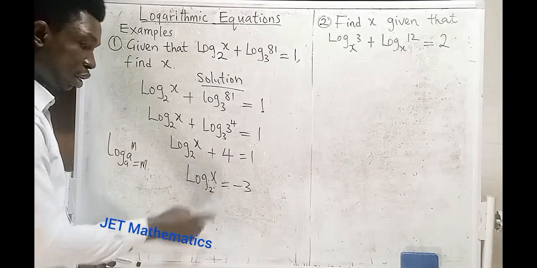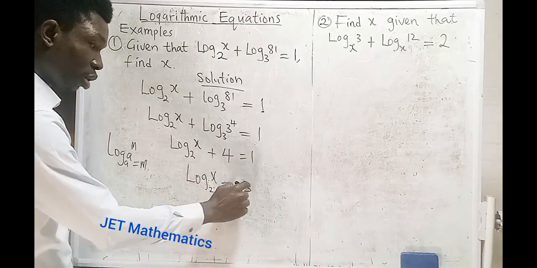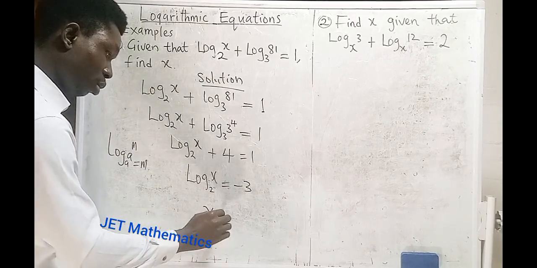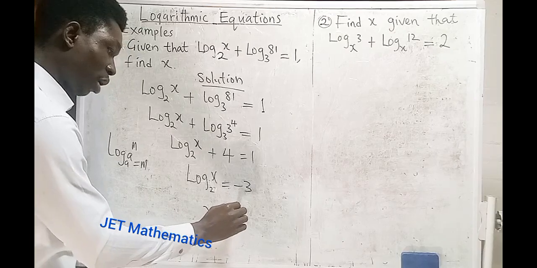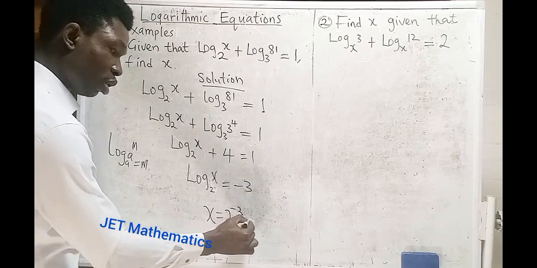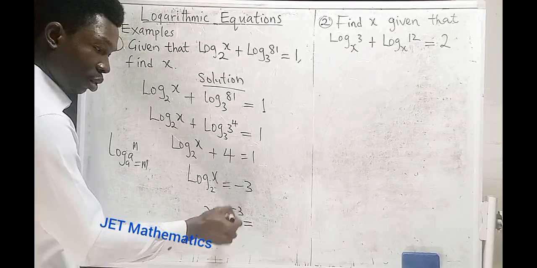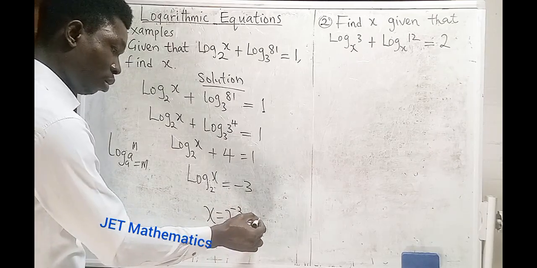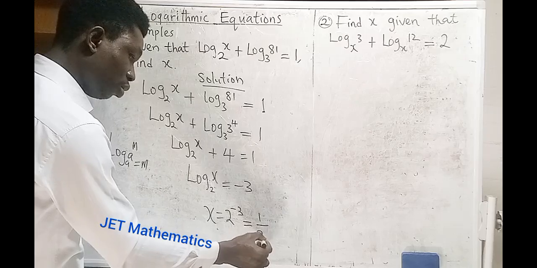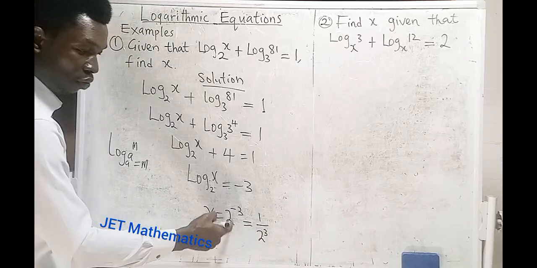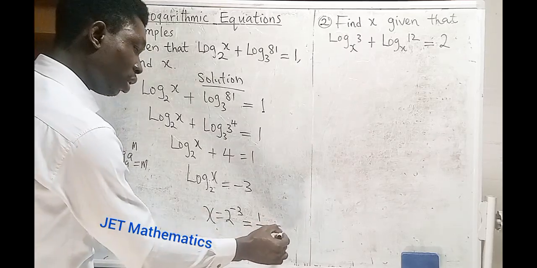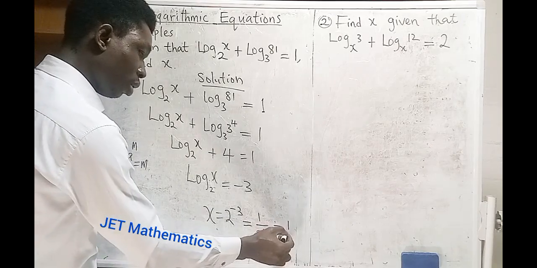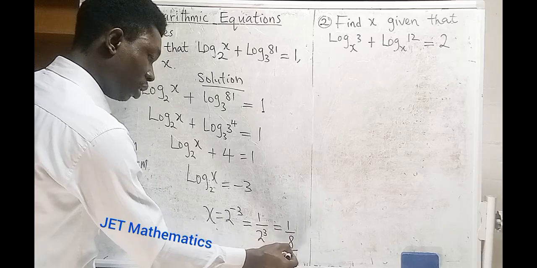So x becomes 2 raised to the power of minus 3, which is equal to 1 over 2 raised to the power of 3, applying your law of indices, and that gives us 1 over 8.